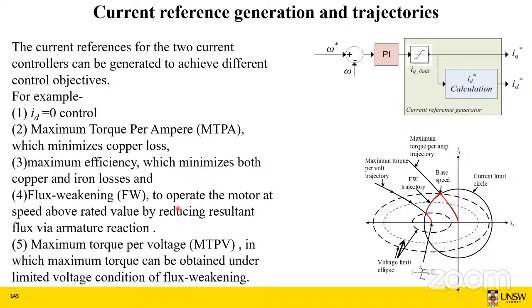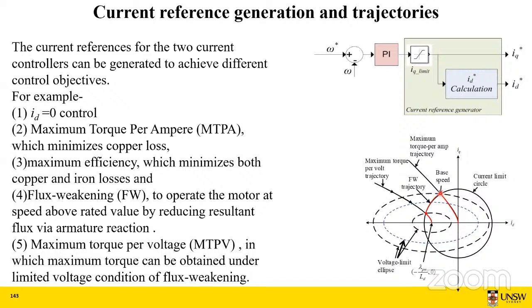There are also other types of operation we may want to run the machine with, such as maximum efficiency, or if we are running the motor at a speed above the base speed, then we have to operate with flux weakening. When we do flux weakening, that means we have to increase the negative ID current.